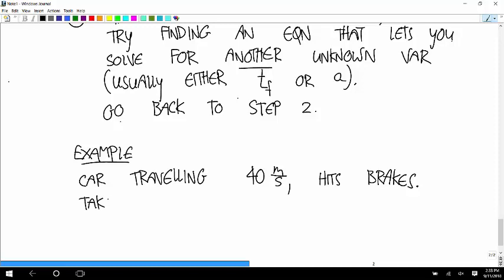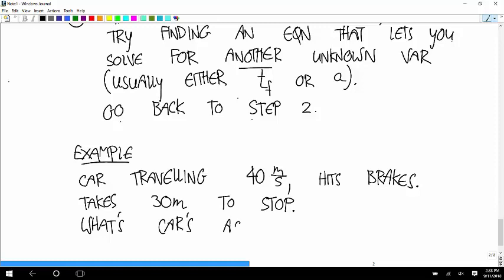And let's say that it takes 30 meters for the car to come to a stop. What's the car's acceleration?